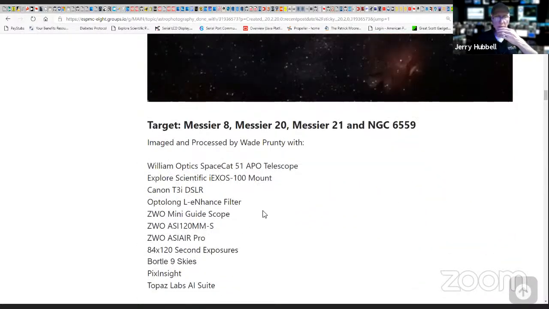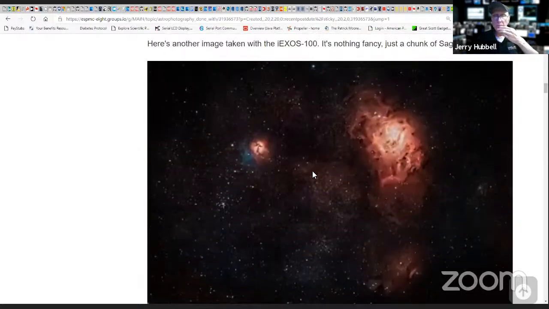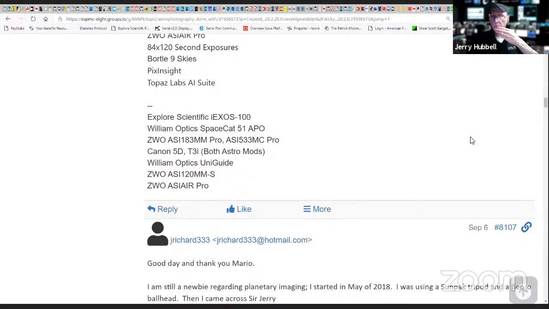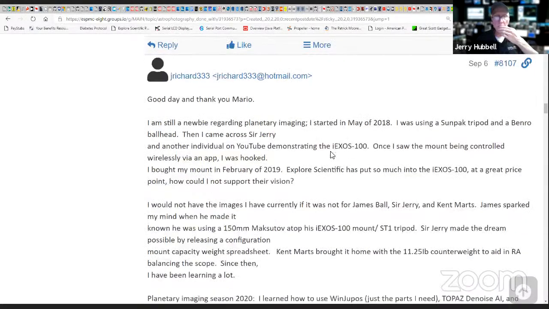Yep. So that's 2 hours and 40 some minutes. Pretty deep. Beautiful. That's the Trifid right there. Yeah, that's the Trifid. That's cool. Very nice.